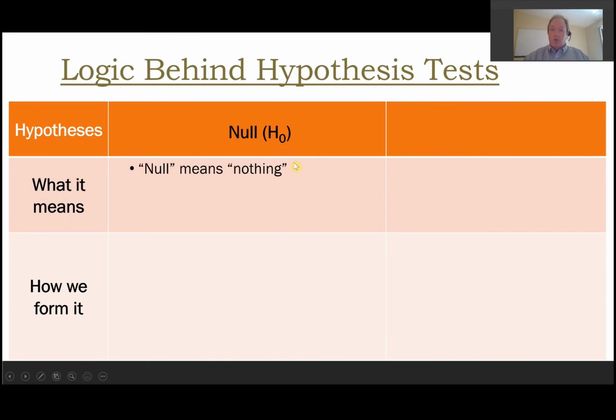And the reason why is null means nothing. And so what we're saying is that nothing happened. So if we're looking at that first scenario where we're testing to see if a change occurred, the null is going to assume that no change occurred. So in our example, we're going to assume that the population percentage has the same value it had before the change, which in that problem was 80%.